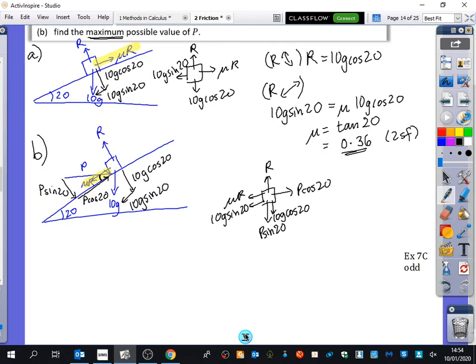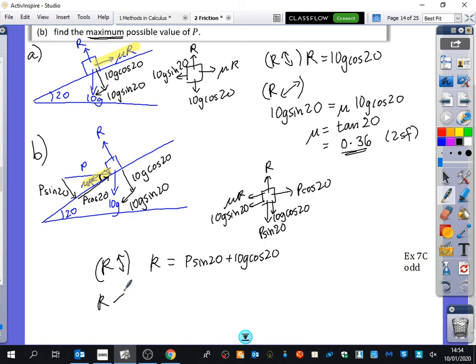This is now where you just need to do a lot of algebra, because it's the same thing as before. Which one do you want to find out first? Up and down or left and right? Always up and down. We always want to find out what R is. So if I resolve in that direction, we can see that R is equal to P sine 20 plus 10g cos 20.